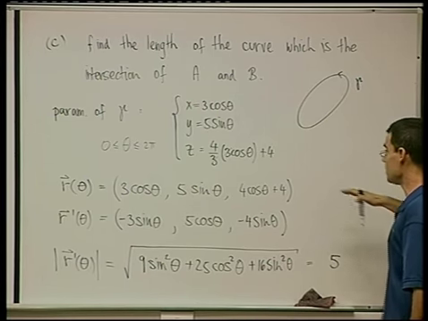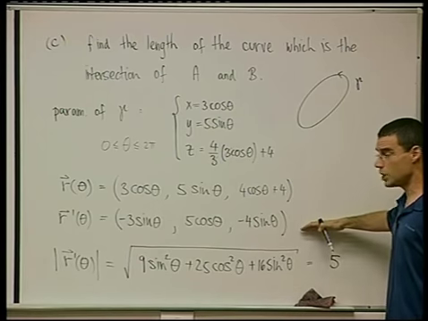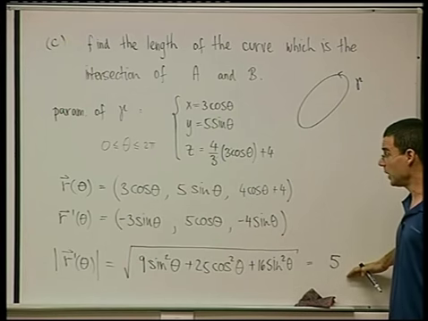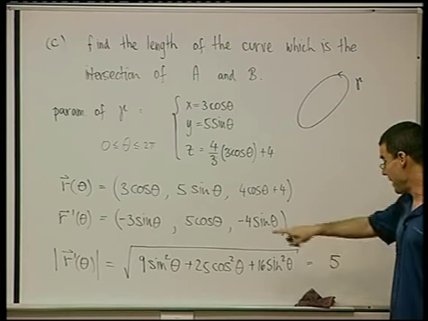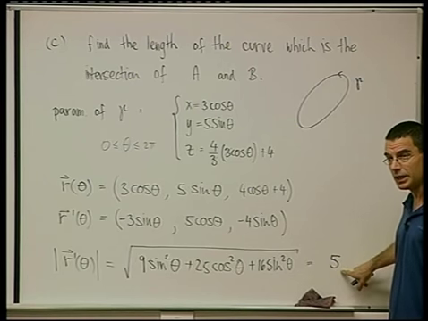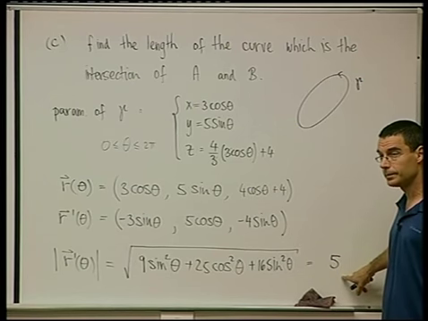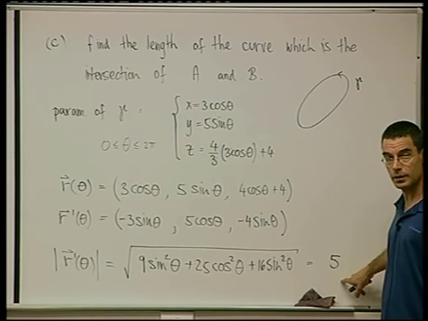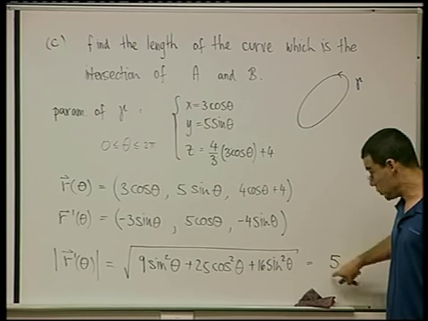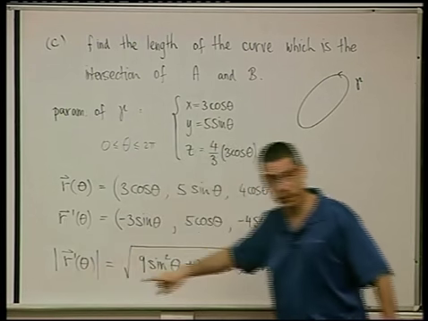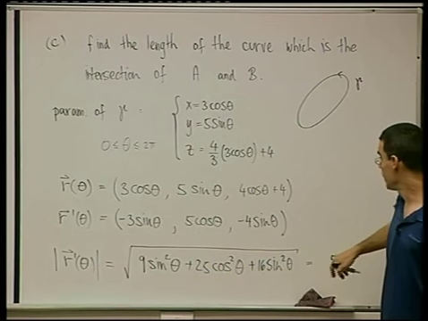Okay, so this is the parametrization of the curve. This is the magnitude of r prime. How do we calculate the length? We just have the integral of this, right? Remember?